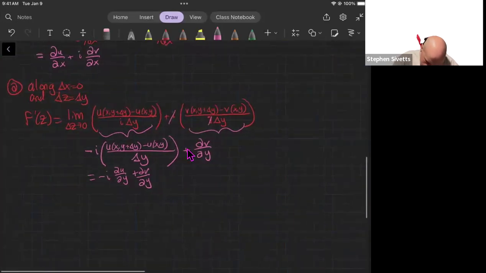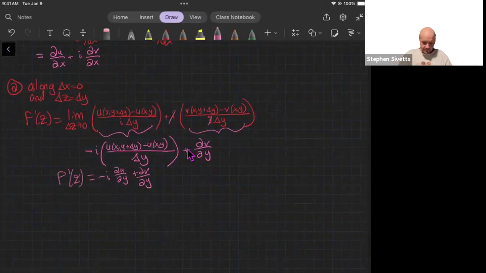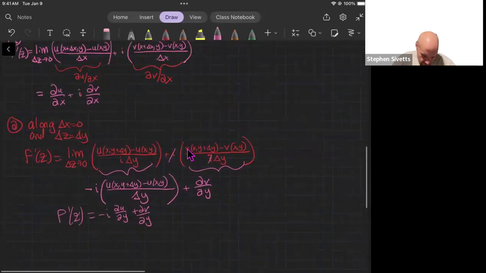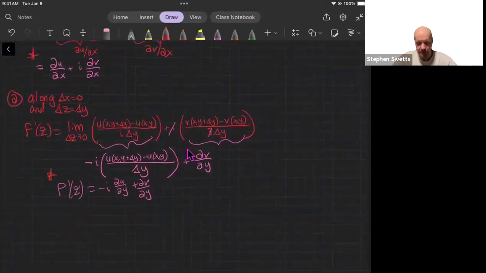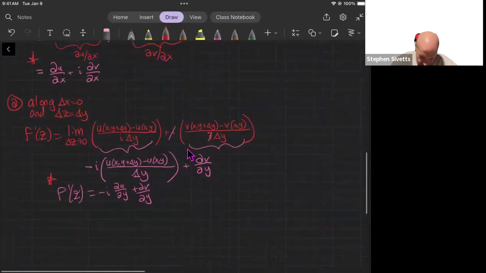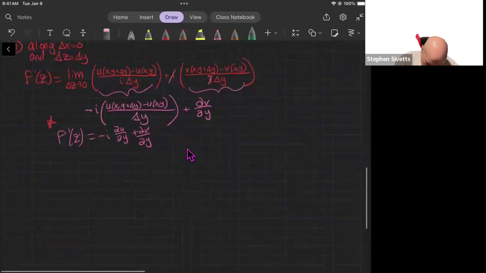And this will also equal f prime of z. Since both of these quantities have to be equal, so are their components. And that is where we will derive the Cauchy-Riemann equations.